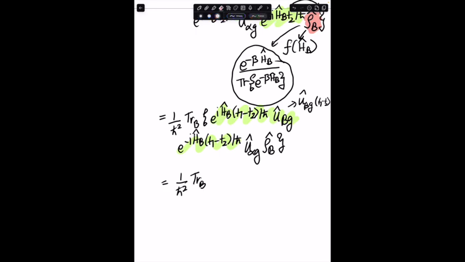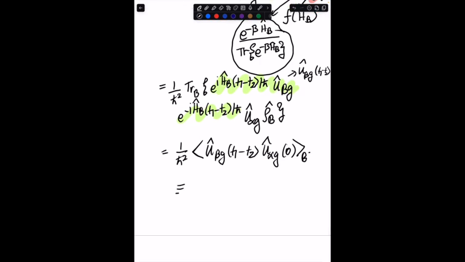Okay, we can go back to the old notation of the equilibrium ensemble, bath ensemble average, where you get u hat beta g (T1 minus T2), u hat alpha g 0, bath equilibrium ensemble average.